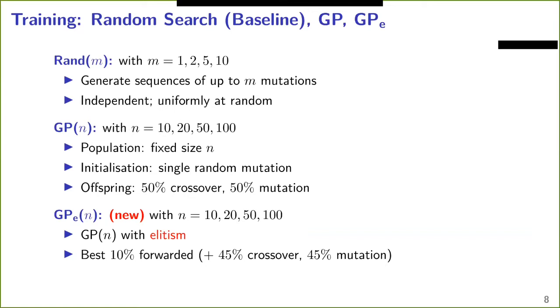And for the offspring, half of them will be generated through crossover, and half of them through mutation. For GPE, which is basically GP with elitism, we will add elitism steps that I will describe in the next slide. And basically, we will forward the best 10% of the population, and then again, the remaining half for crossover and mutation.